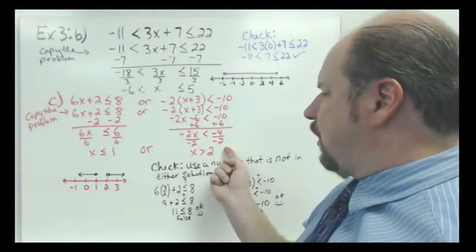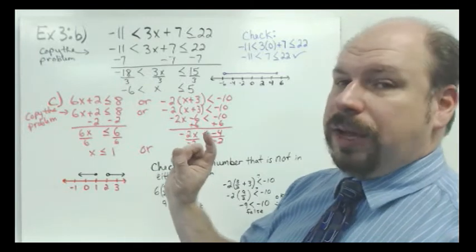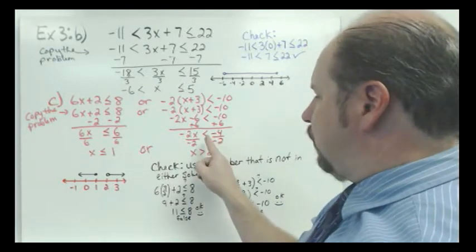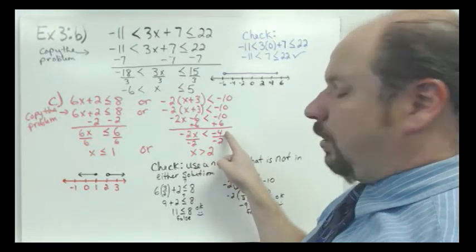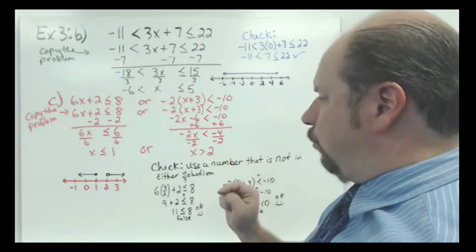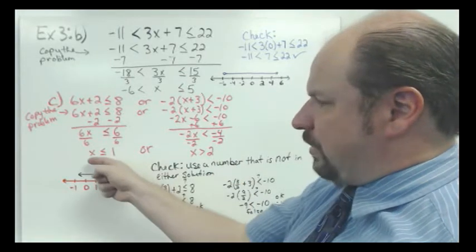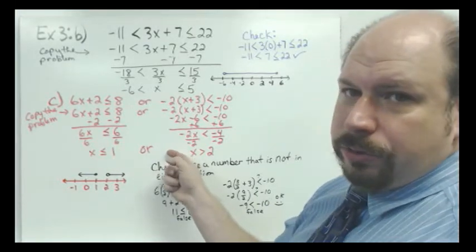Dividing both sides by -2. Now remember, since we're dividing by a negative again, we have to switch the sign. So instead of being less than, it becomes greater than. And -4 divided by -2 is +2. So our solution is x is less than or equal to 1 or x is greater than 2.